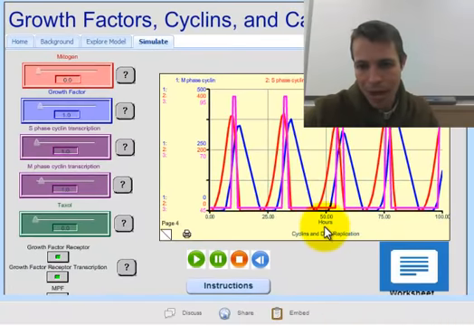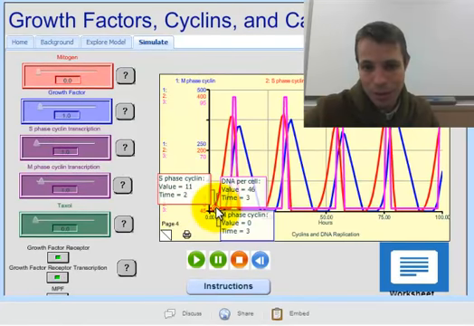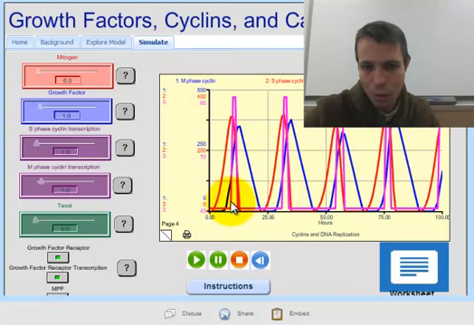Right here is the number of hours. So this is over 100 hours. If you take a look at just the DNA per cell, and if I scroll my mouse over any of the lines, different quantities at that time period will pop up. So I have 46 DNA molecules per cell here, and then at the peak it doubles.